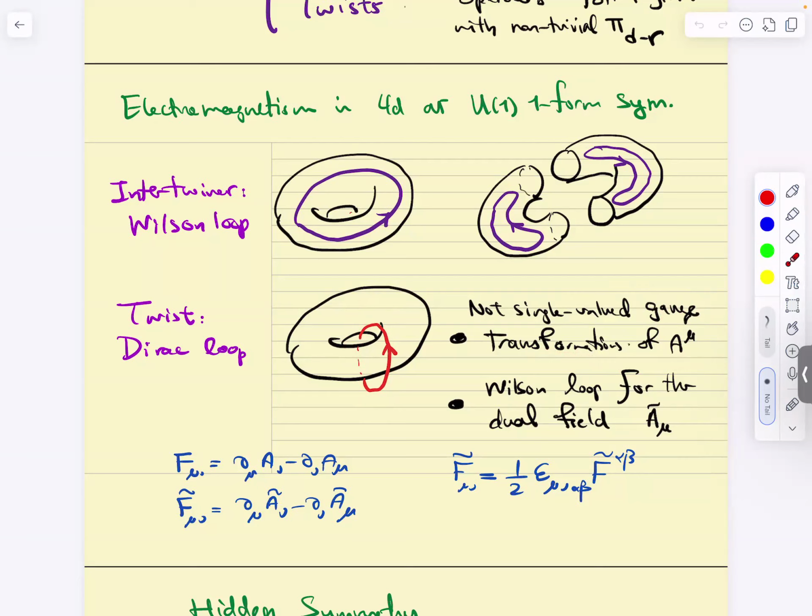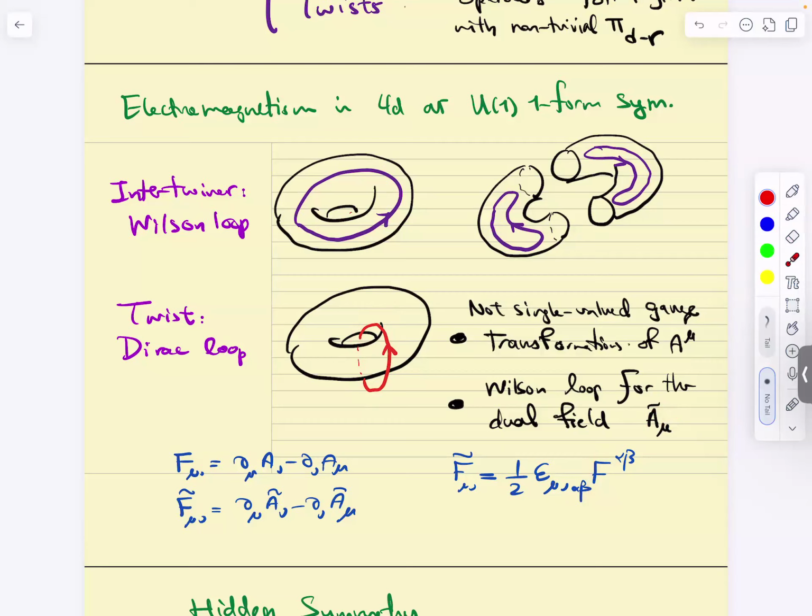So there will be singularities associated with this. We talked about how to think of the Dirac loop in this language, right? Or you could describe this in terms of the dual field, A tilde, as just a Wilson loop for the dual field. Now, what is a dual field?